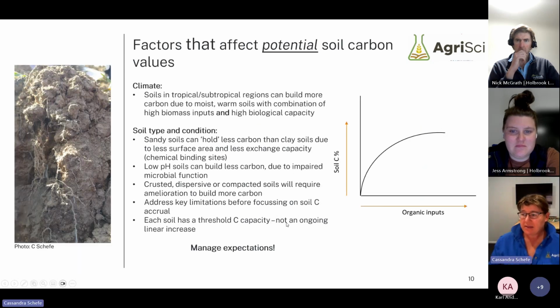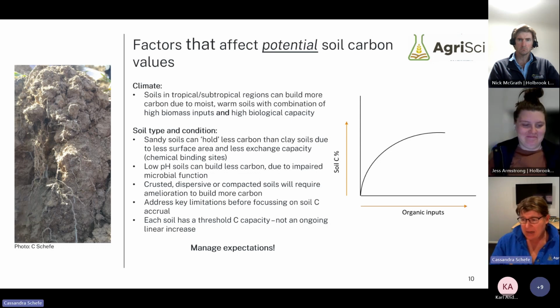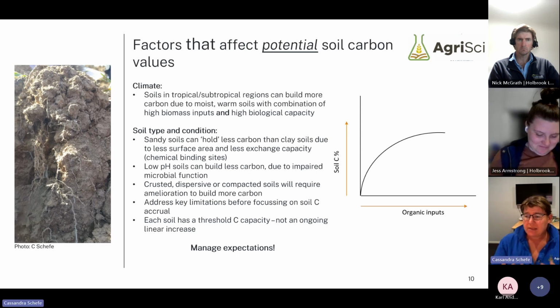So in terms of those factors that affect potential soil carbon values, and Karl's certainly shown the range across a rainfall gradient, but at a really simple level, we know that climate is really important. So soils in subtropical and tropical regions can build more carbon because of that moist, warm conditions, which mean that we've got higher biomass inputs and higher biological activity. We also know that our soil type and condition is highly important in how much organic matter and carbon we can hold.